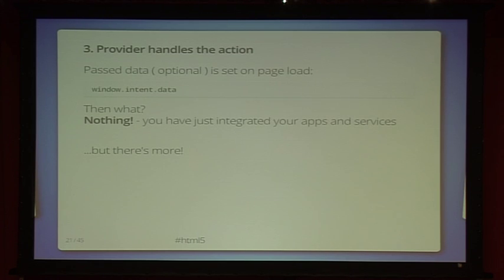When you're the service application and your application has been invoked by the intent system, you want to get that data back out of the system. There's a global object called intent, and the data is encoded inside the data property of the intent object. And that actually is it. We've integrated two services.